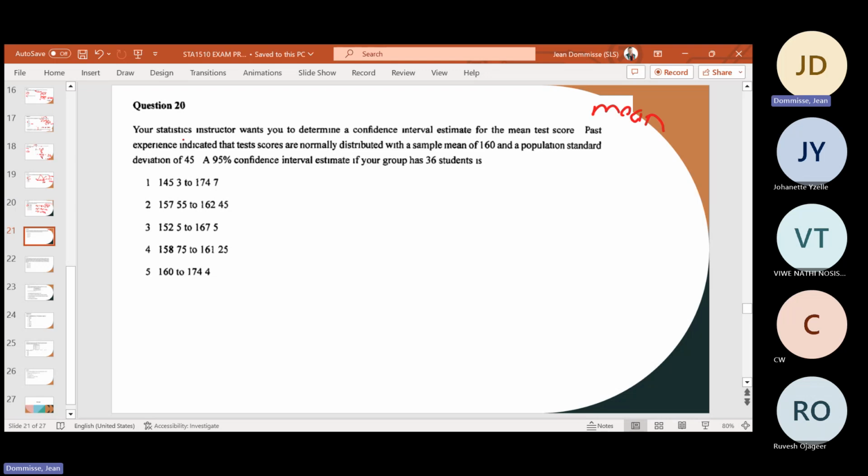Your stats instructor wants you to determine a confidence interval estimate for the mean test score. Past experience indicates that test scores are normally distributed with a sample mean of 160 and a population standard deviation of 45. A 95% confidence interval estimate if your group has 36 students. Okay, so is it a Z or is it a T?